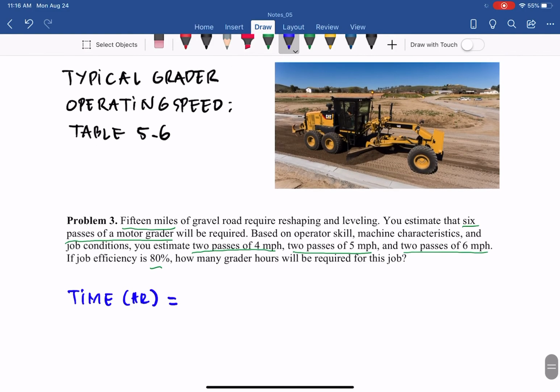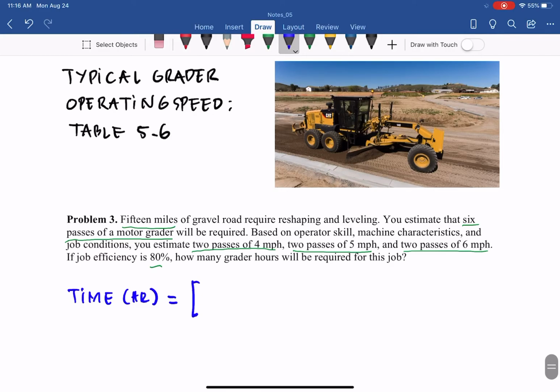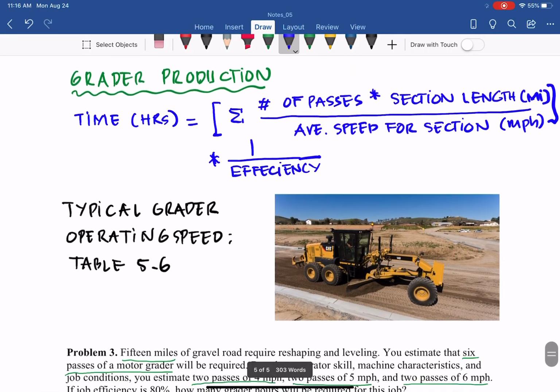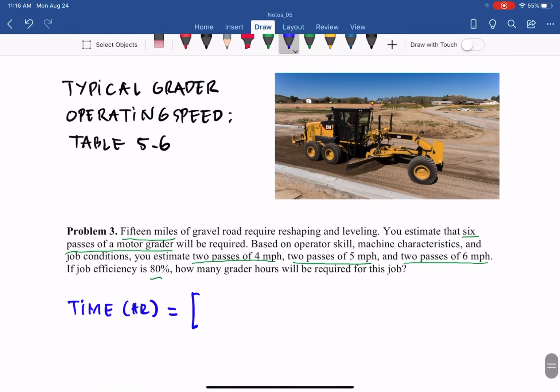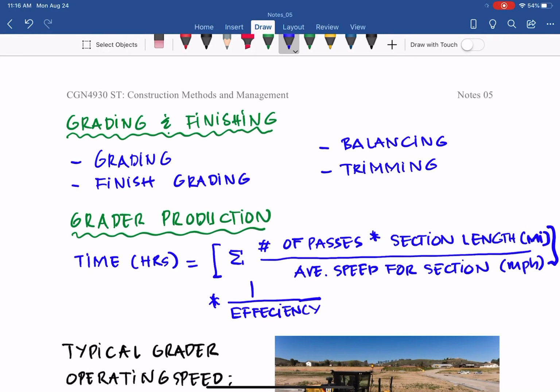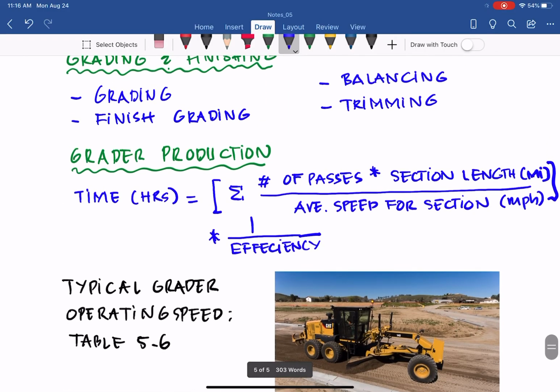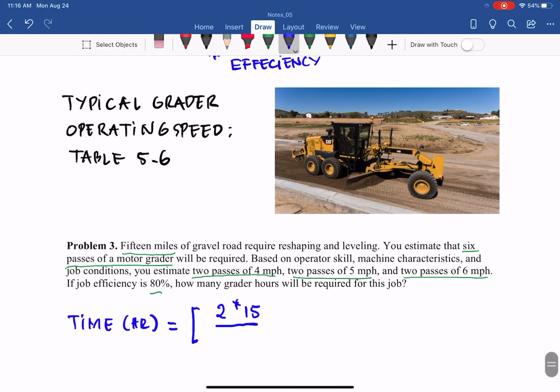In the equation we sum for each section, so you see number of passes times section length. The first is 2 passes at 4 miles per hour, so we have 2 passes times the section length, 15 miles, divided by the average speed for that section, 4 miles per hour.